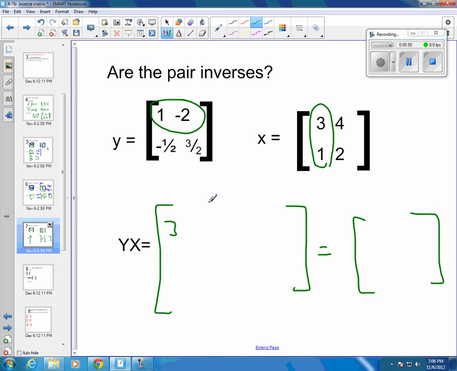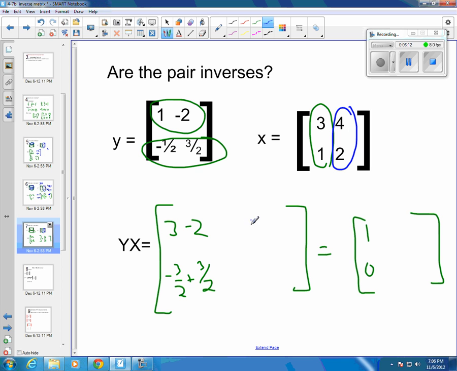One times negative 2 is negative 2, so I get a 1. Then I'm going to take the first column and the second row. 3 and negative 1/2 multiplied is negative 3/2, and 1 times 3/2 is positive 3/2. So that is 0.